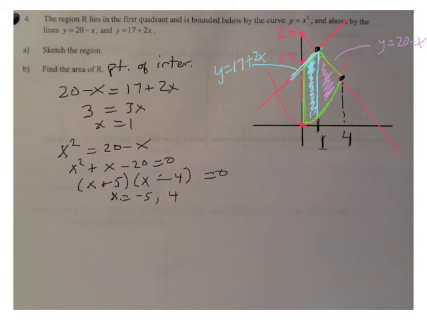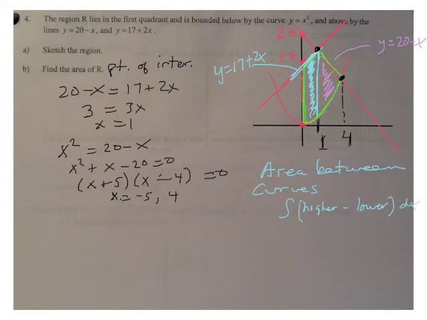Now, to take care of those two integrals, in order to find the area between curves, you take the integral from their intersection points of the higher function minus the lower function.